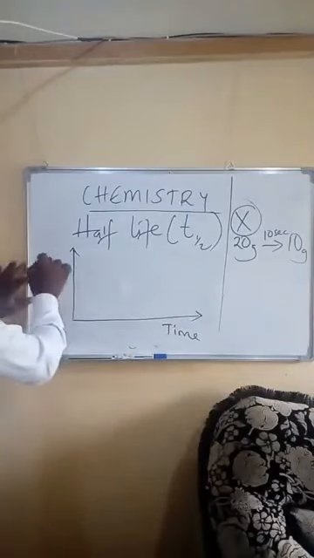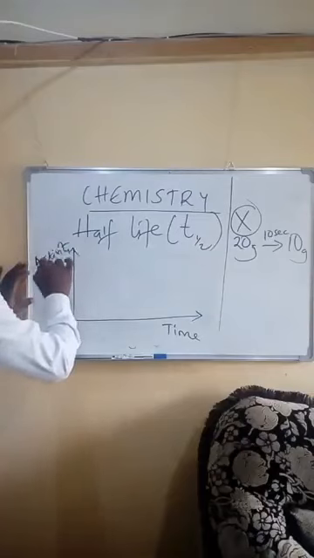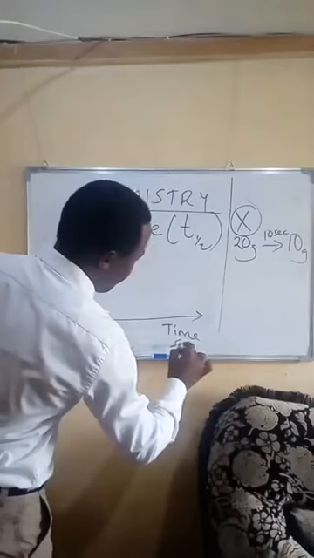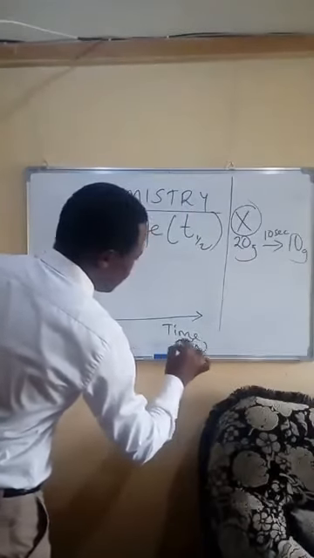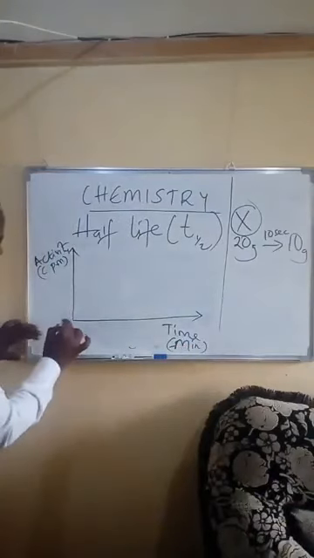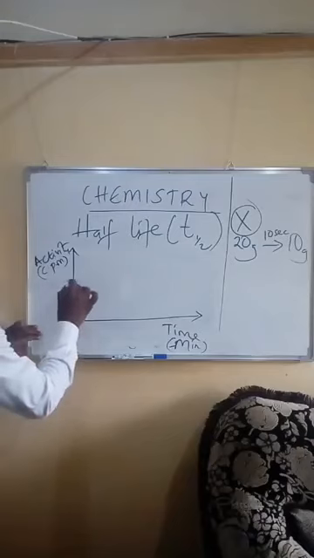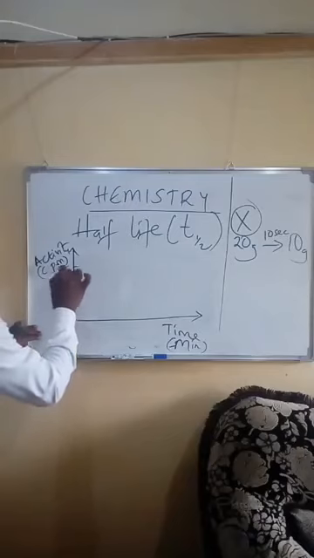This is activity. And let me have 0 here, 10, 20, 30, 40.